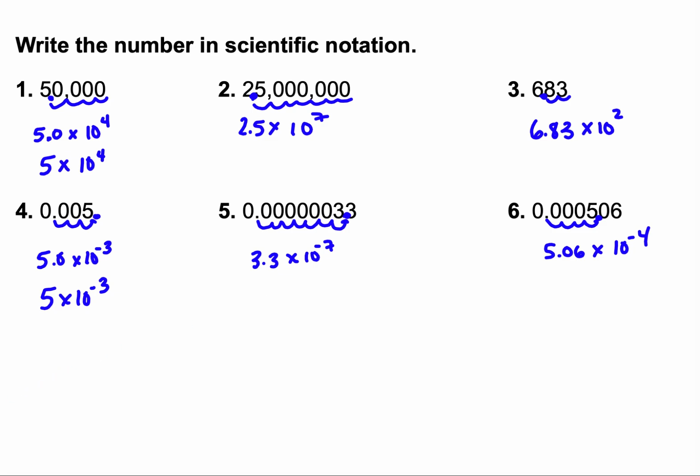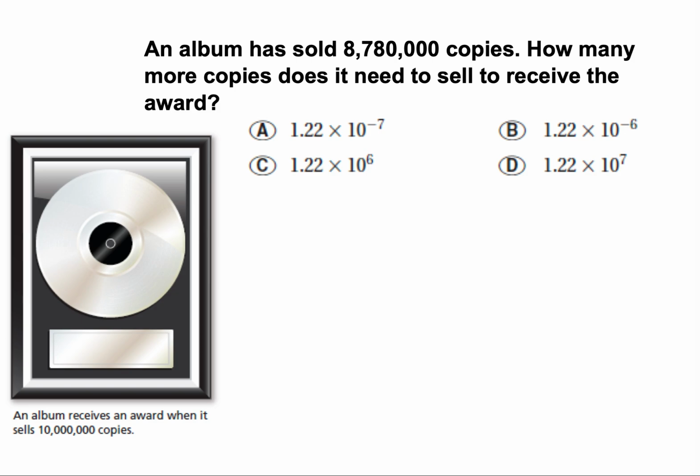All right, let's take a look at our next problem here. An album has sold 8,780,000 copies. How many more copies does it need to sell to receive the award? Okay, how many more tells me I need to subtract.